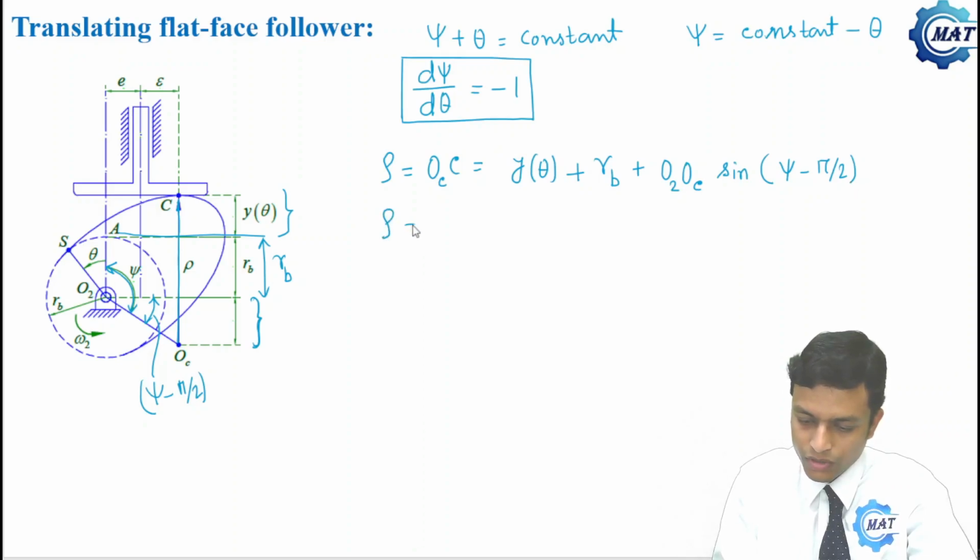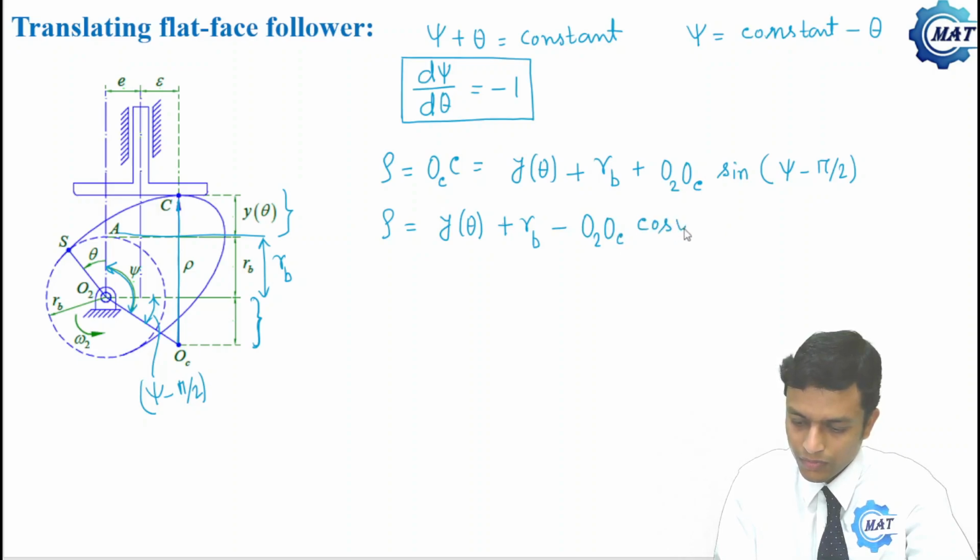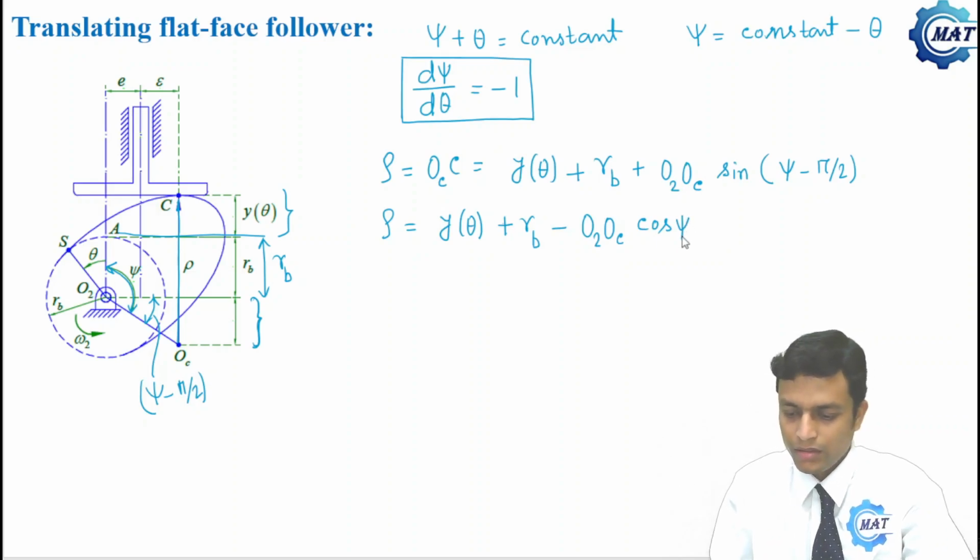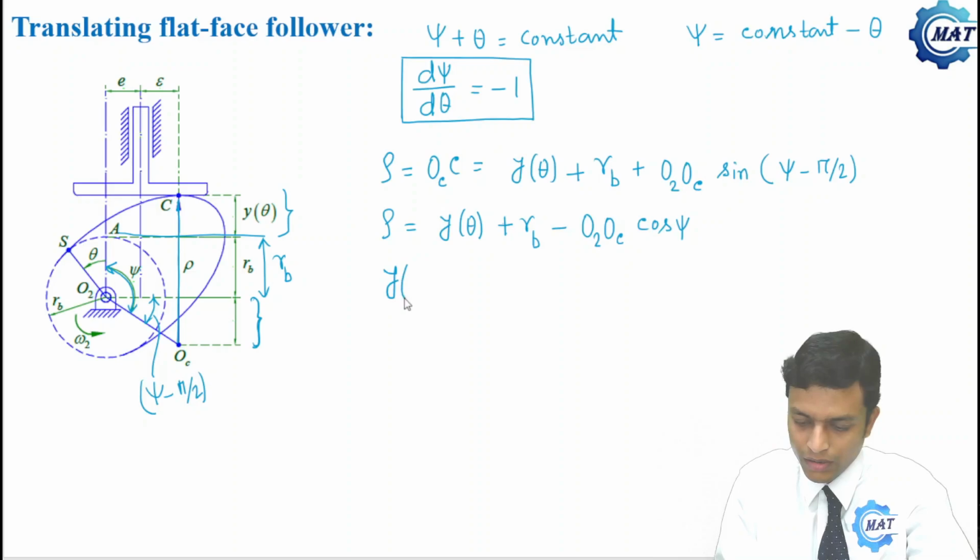So rho becomes y of theta plus RB minus O2 OC cos psi. So y of theta is rho minus RB plus O2 OC cos psi.